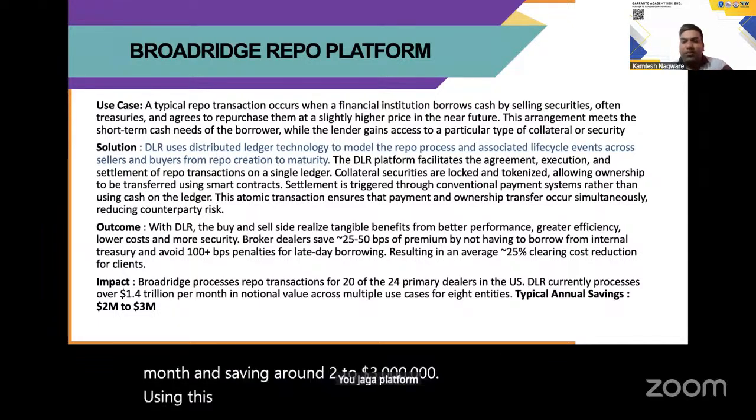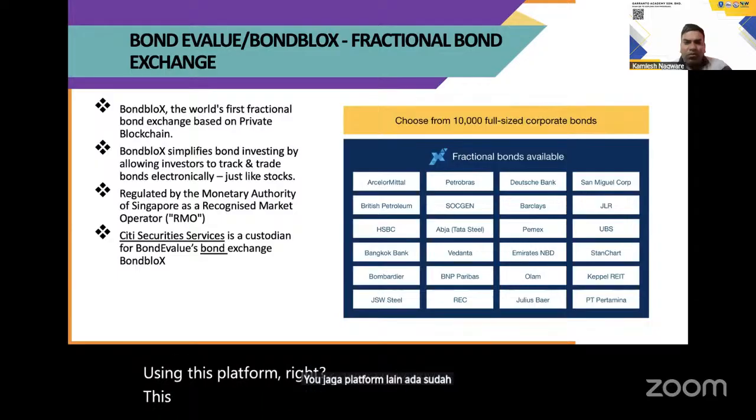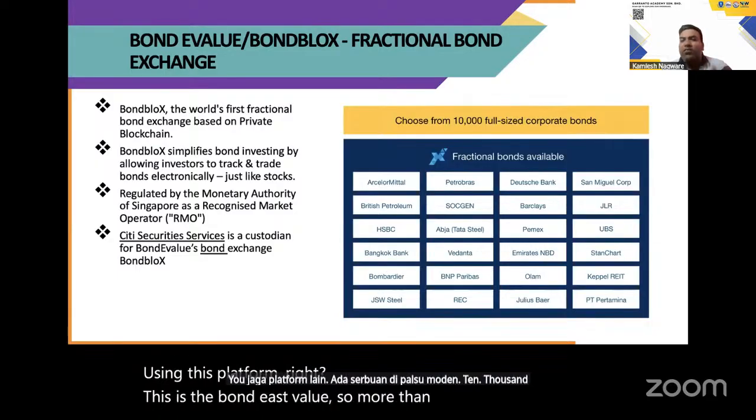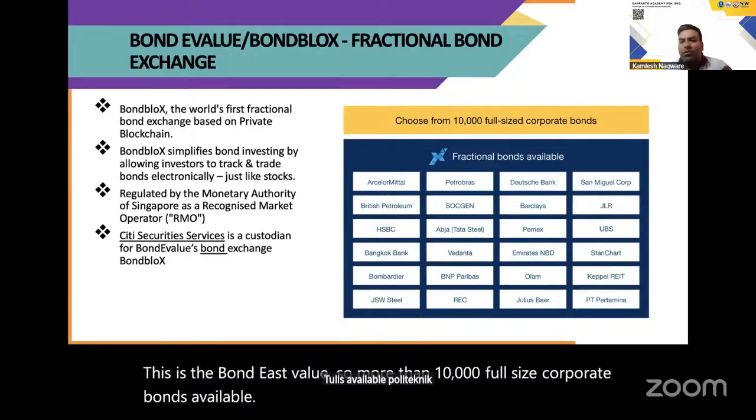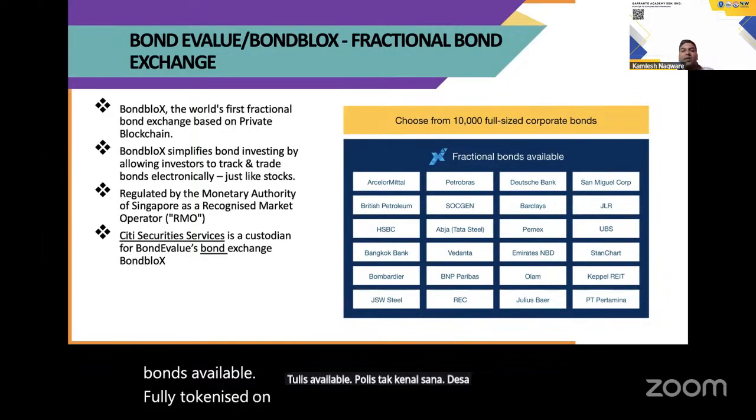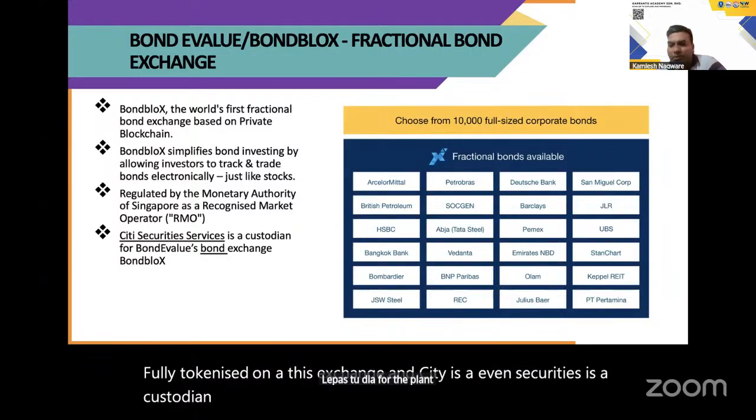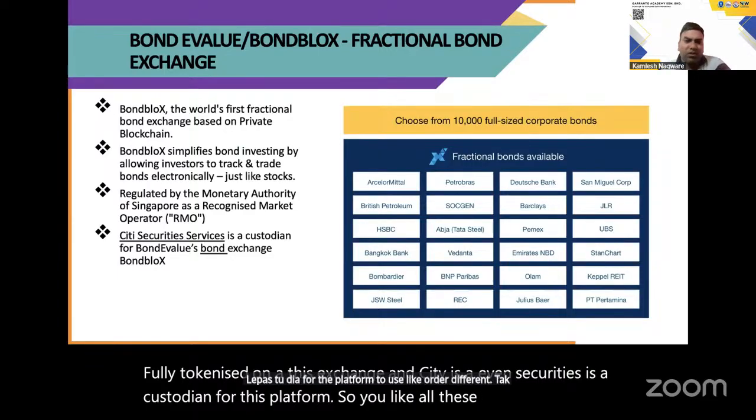This is a bond exchange, where more than 10,000 full-size corporate bonds are fully tokenized. And Citi Securities is a custodian for this platform. So you see all these different bonds available out there.